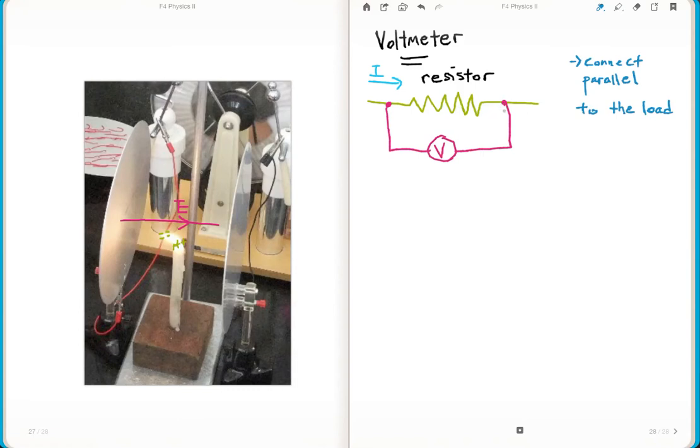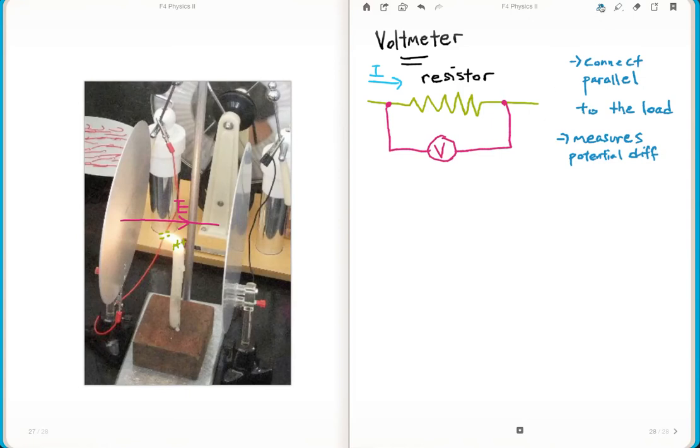So what does it measure? It measures potential difference, meaning work done per unit charge.